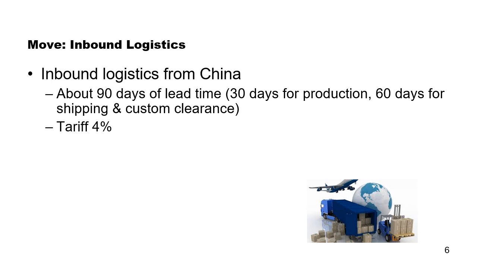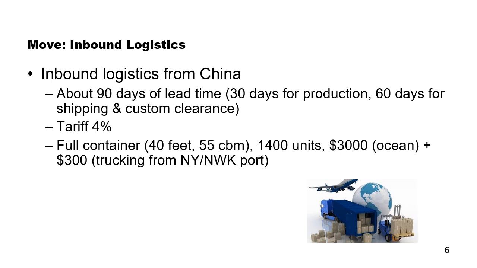Tariff is about 4% because China is a member of WTO. Typically, a full container is ordered, which has 40 feet, 55 cubic meters, and can carry up to 1,400 units. The cost is about $3,000 for ocean transportation and $300 for trucking from the port.